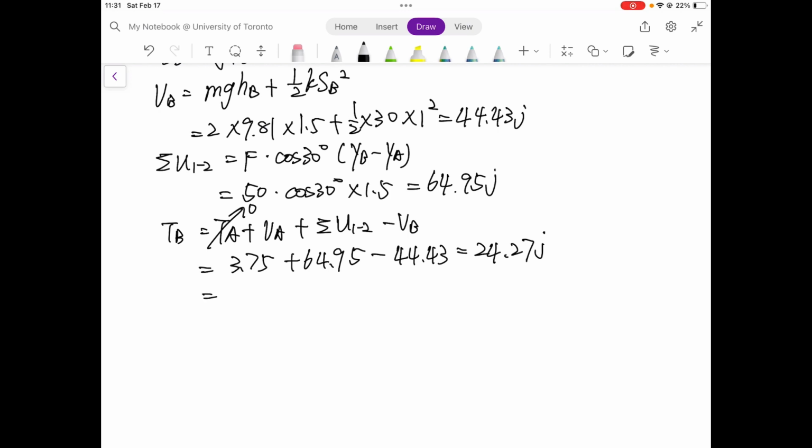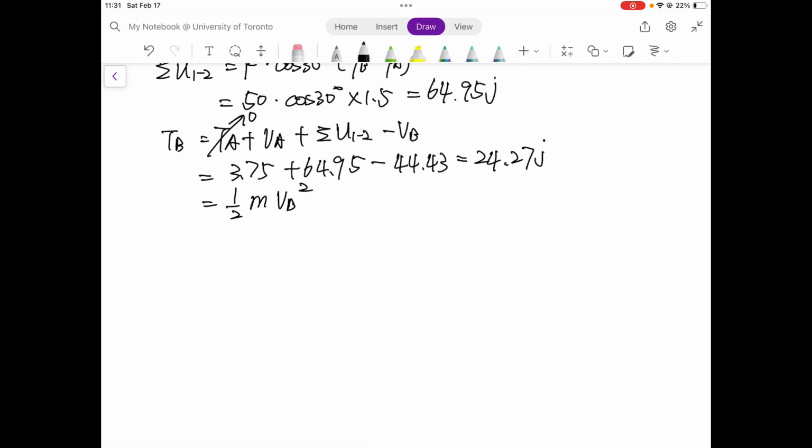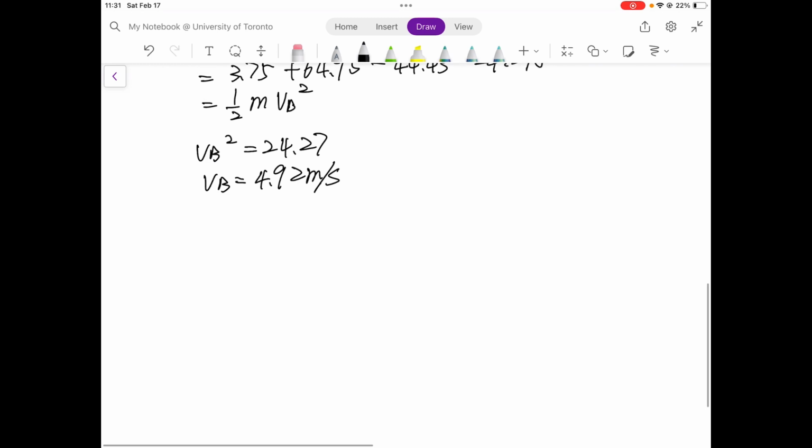And this is equal to 1 over 2 times mass times velocity squared. So m is equal to 2, so VB squared is equal to 24.27. So VB is equal to 4.92 meters per second.